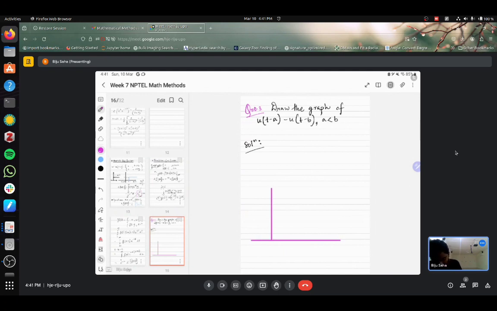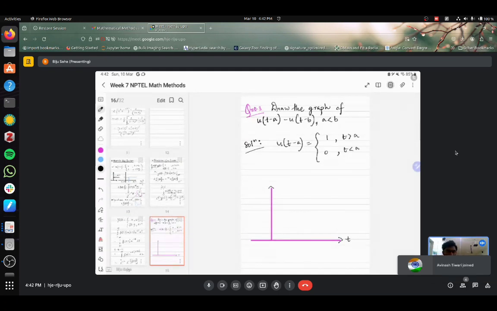Okay, so this is my t-axis. The first step function is u(t minus a). So what is the definition of this? For t greater than a, it is 1, but for t less than a, it is 0.